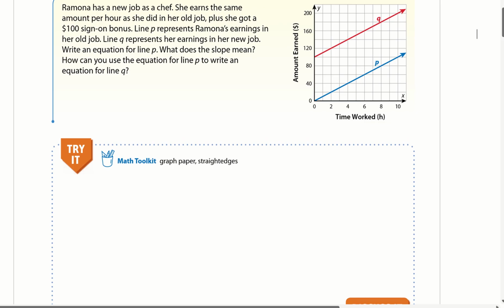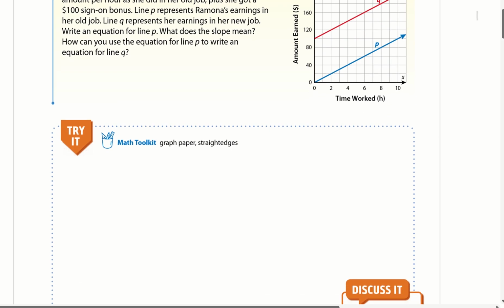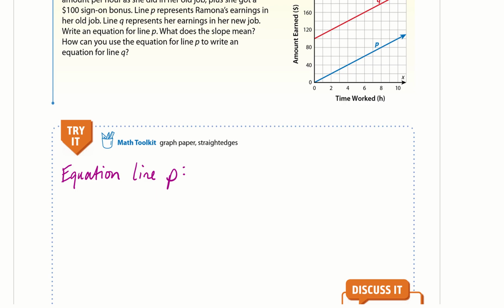Okay, so there's a few different things there. The first thing you need is an equation for line P. And if you look at line P, you should notice where it starts. And that should look really familiar to what we did last class. So that's just a little bit to help you get started.